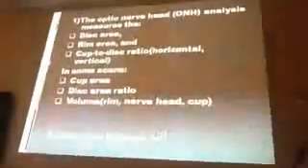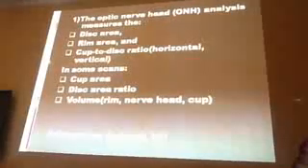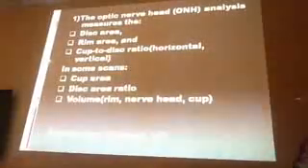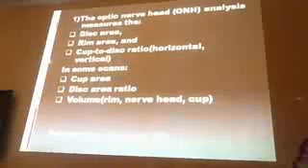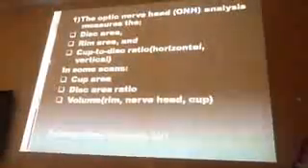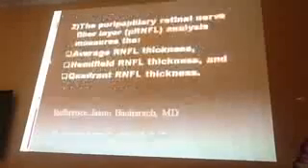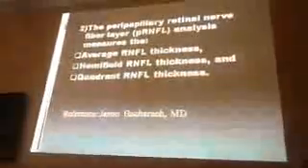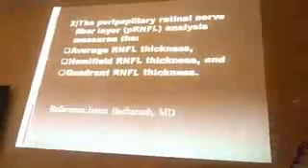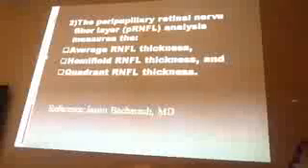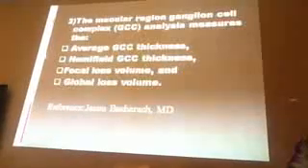The optic nerve head analysis measures the disc area, rim area, and cup to disc ratio, horizontal and vertical. In some scan reports, you find the cup area, the disc area ratio, the rim volume, nerve head volume, and cup volume. The next one, the peripapillary retinal nerve fiber layer analysis, measures the average retinal nerve fiber layer thickness, hemifield retinal nerve fiber layer thickness, and quadrant retinal nerve fiber layer thickness.